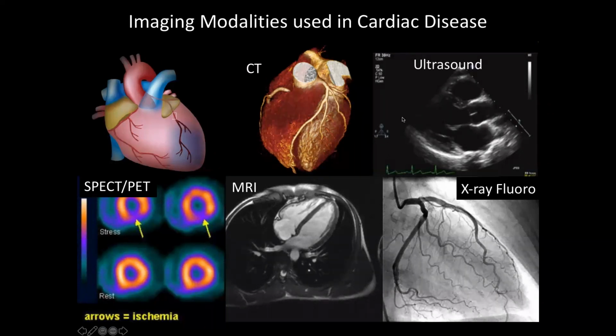But the major modalities we'll look at, in the order that we're gonna look at them, are basically nuclear medicine, including single photon emission computed tomography, which is SPECT, and positron emission tomography, which is PET.